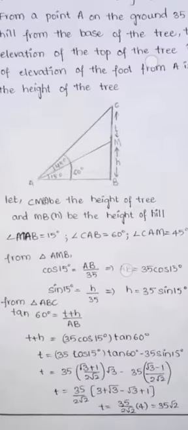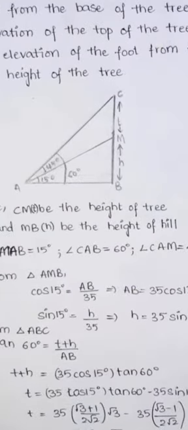The angle of elevation to the top of the tree is angle CAB, which is 60 degrees.